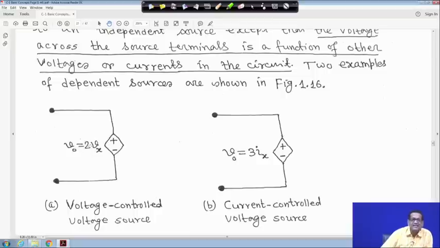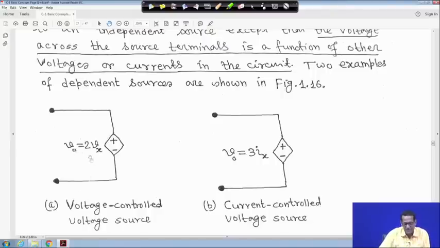In general, you can take A into Vx, where A may be 1, 2, 3, 4 whatsoever, or less than 1 also. This Vx is the voltage across some other branch in the circuit, but symbolically it is shown as V0 equal to 2 Vx. If Vx changes, then V0 will change, right.